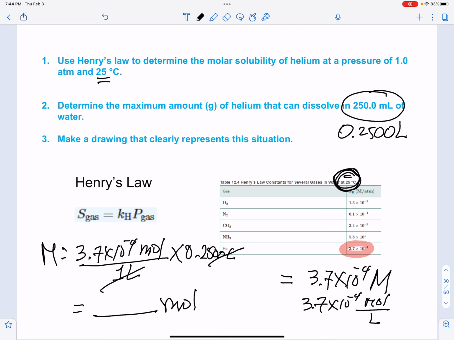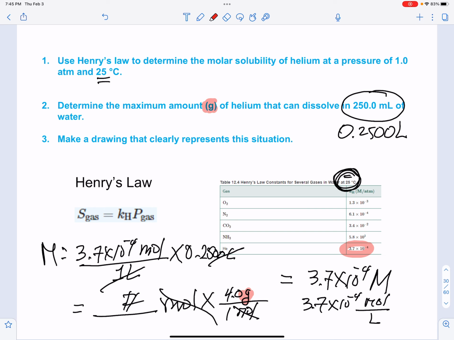But it's not asking for moles, it's asking for grams. So from Chem 1411, you multiply that number by the molar mass of helium, which is 4 grams for every 1 mole. And that should give you your grams.